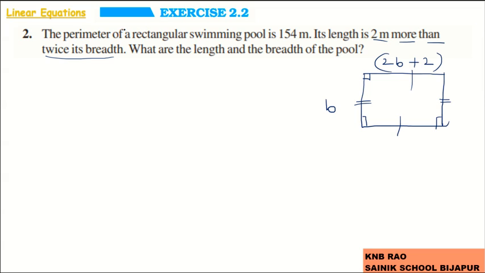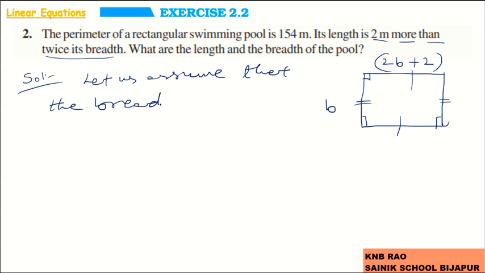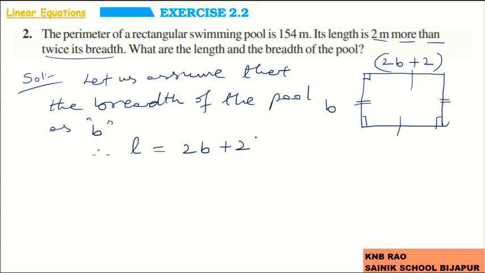Now, we are given the perimeter. So, with this assumption, let us assume that the breadth of the pool is b, therefore, length equals 2 times b plus 2.